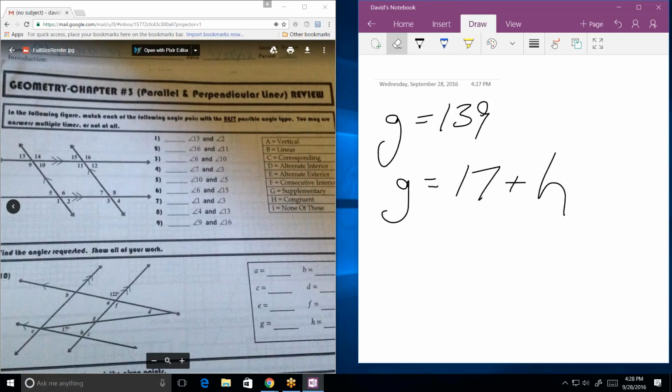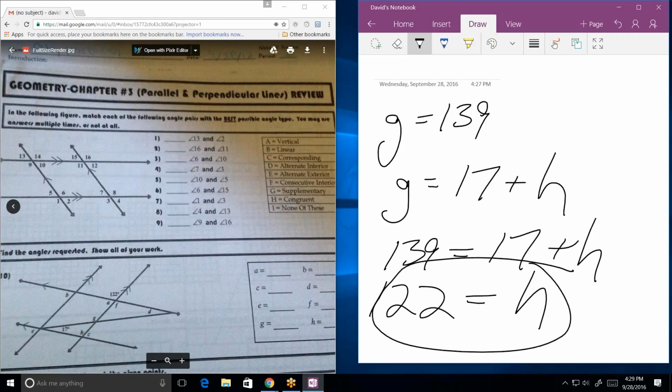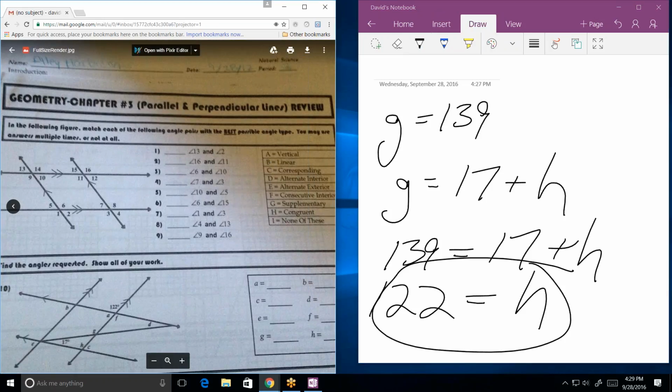G is equal to 17 plus H. Well, we know G is 139, so 139 equals 17 plus H, which means H equals 122. That's the answer for H. All right. Perfect. We covered this page.